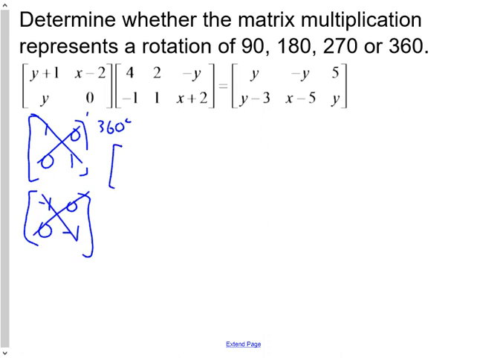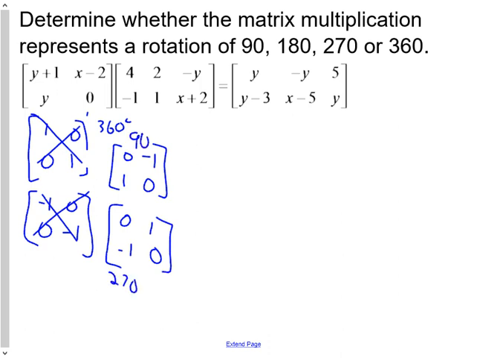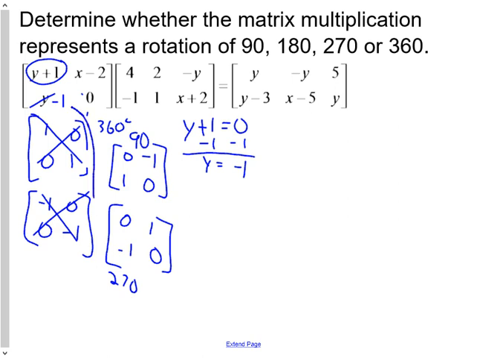So it's either going to be 90 degrees or the opposite of that, which is 270, right? So we got 270 or 90. So knowing that this is 0 and this is 0, y plus 1 equals 0 gives us y is minus 1. So now this one's minus 1. Which of our two options is it? Only one has a minus 1 in the corner. It's 270 degrees. So we didn't even need to multiply with that one.